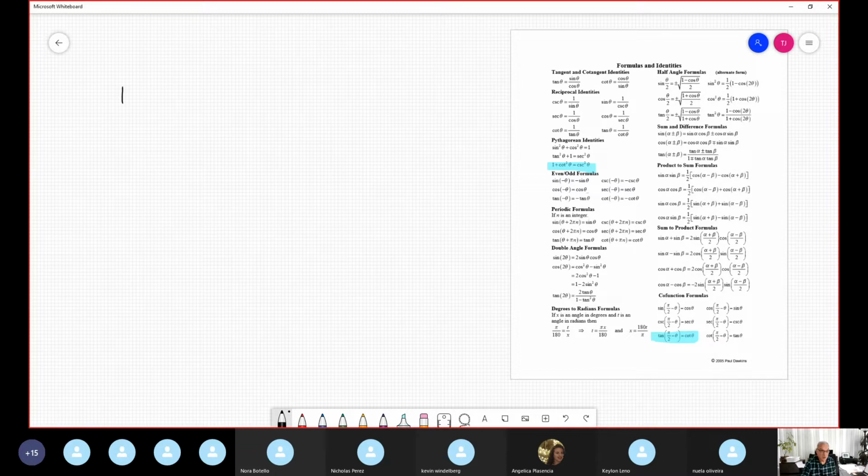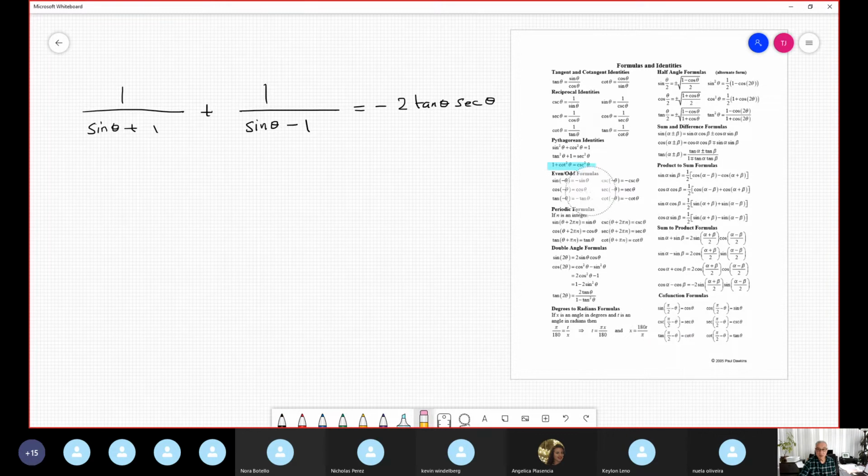Okay, one new example. 1 over sine theta plus 1 plus 1 over sine theta minus 1 equals -2 tangent theta secant theta. Wow, what the hell is that? I'm totally lost, but I know the principle.